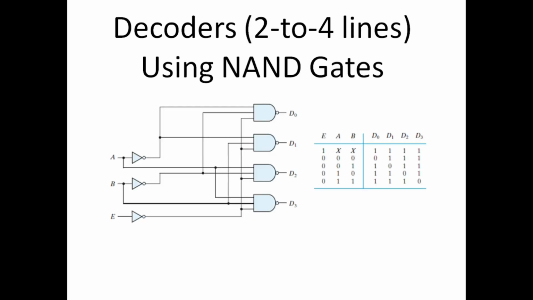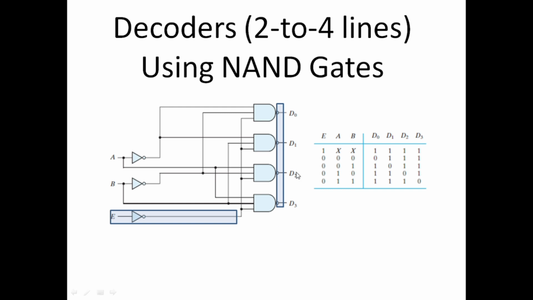Okay, so now decoders, 2 to 4 line decoders using NAND gates. As I initially mentioned, a decoder can also be implemented using NAND gates, and this is an example of a 2 to 4 line decoder. This 2 to 4 line decoder is different from a conventional decoder in two places.